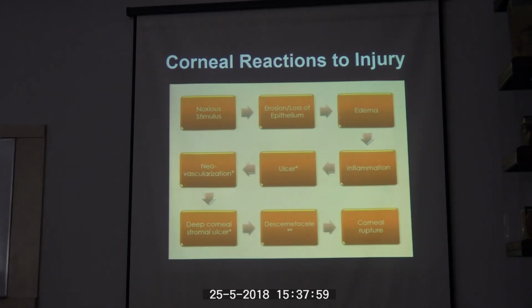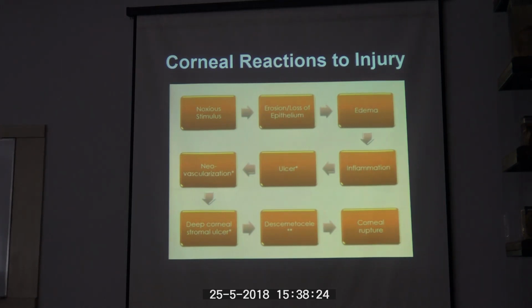That goes on a little bit, you'll have inflammation, you may have loss of stroma, so an actual ulcer. That will lead to new vascularization or just vascularization. Some people say it's not new because it never was vascularized. And so vascularization would actually be more correct in referring to the ingrowth of vessels from the periphery.